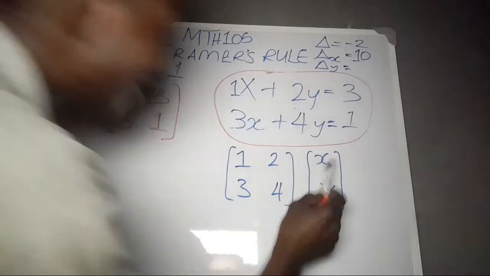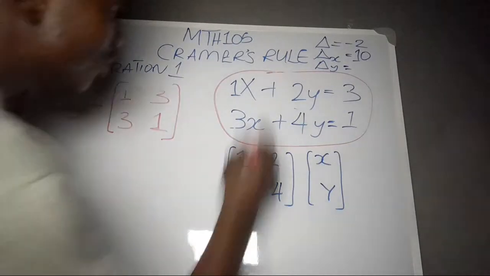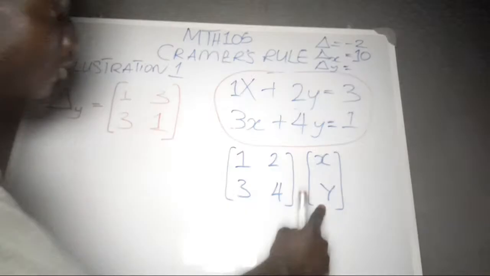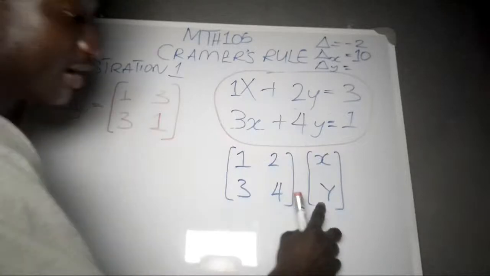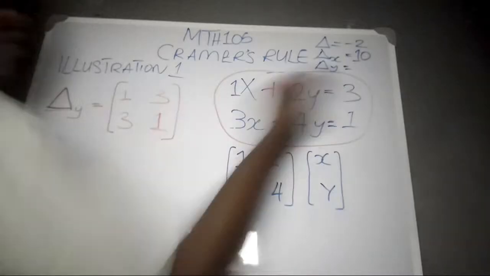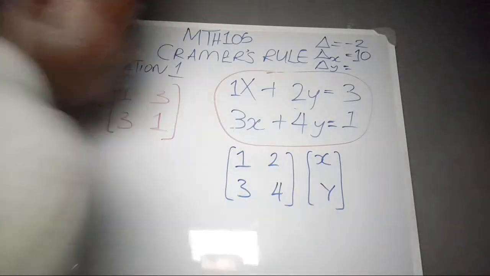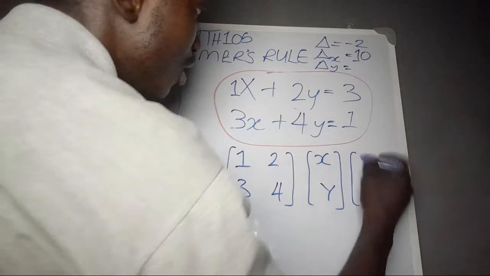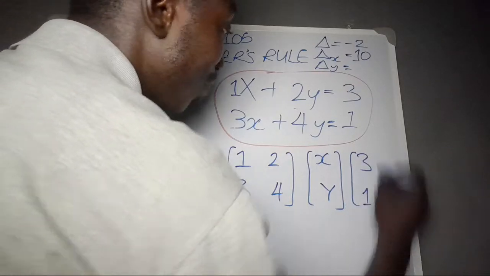So this x stands in place of all the x, and this y stands in place of all the y. Then this equation equals 3, and this is brought down, which is 3 and 1.